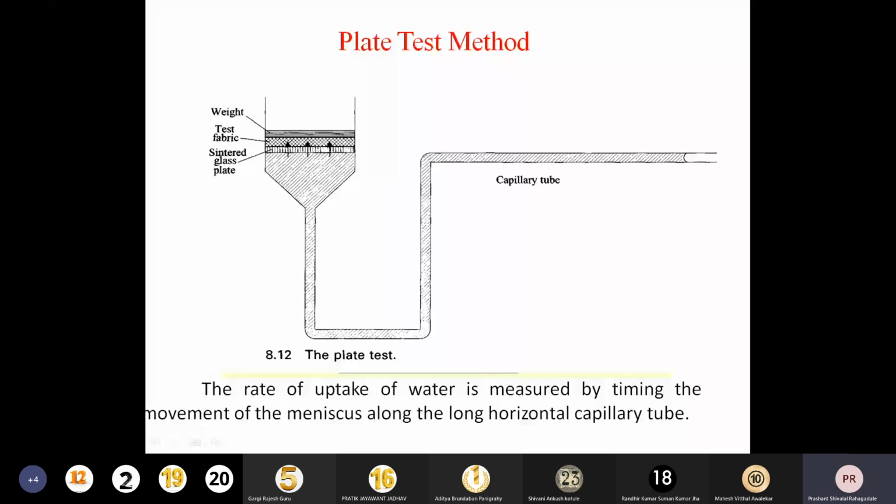So as the fabric is very thin or the thickness is very small, what happened? It is more difficult here now to measure the transverse wicking. As compared to transverse wicking, the longitudinal wicking measurement is, what we say, easy, because the distance involved in transverse wicking is very, very small.